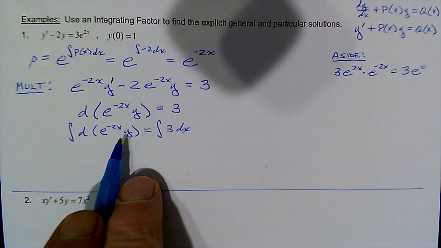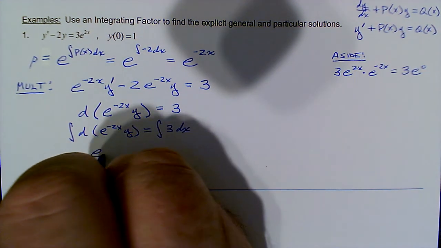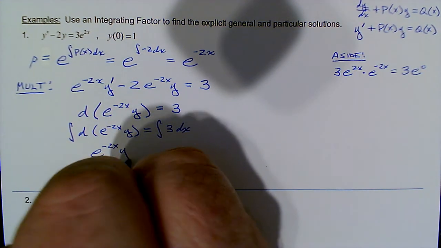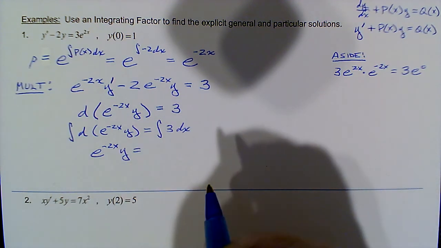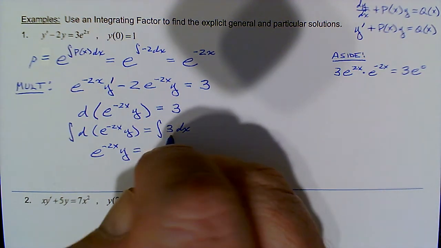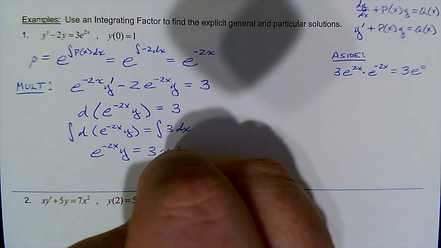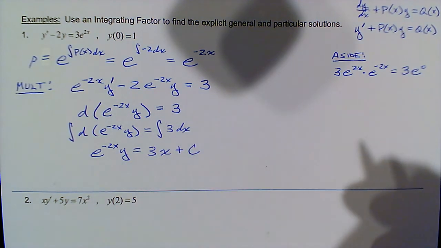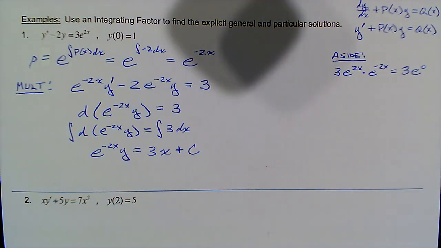So the integral of the derivative of this quantity is just that quantity. So we get e to the negative 2x y equaling, then we integrate 3 with respect to x, and we get 3x, and there's where we add our constant of integration.